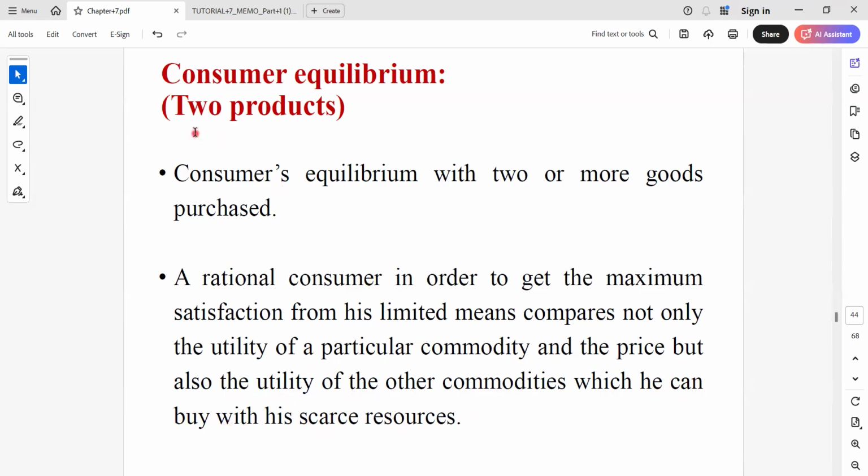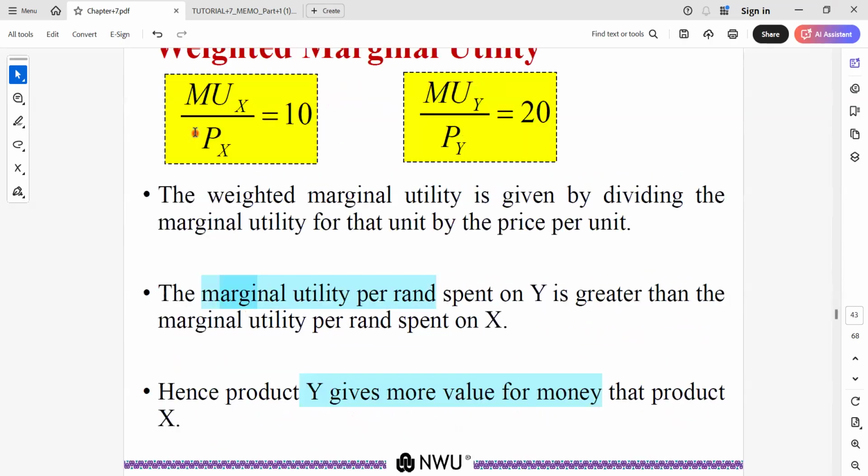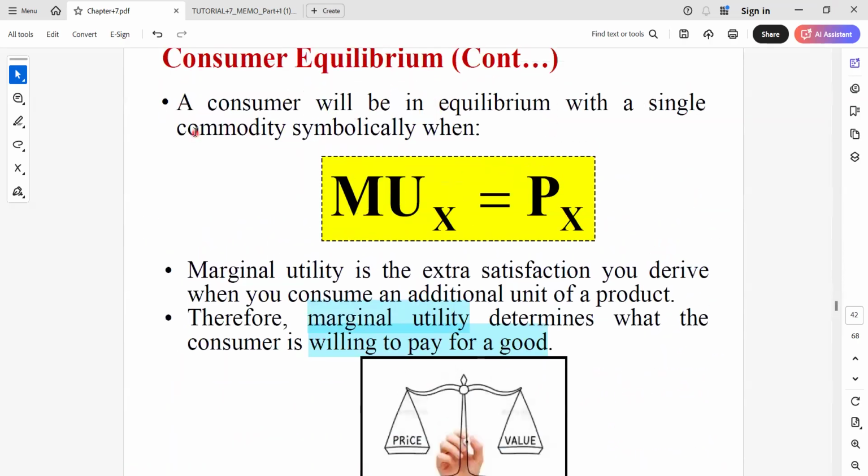So when you were looking at the consumer equilibrium for just one product, you had the means or the resource to purchase this product, the price of this product, and the marginal utility. So your marginal utility just has to be equal to the price. The satisfaction that you get just has to be equal to the price of that product.